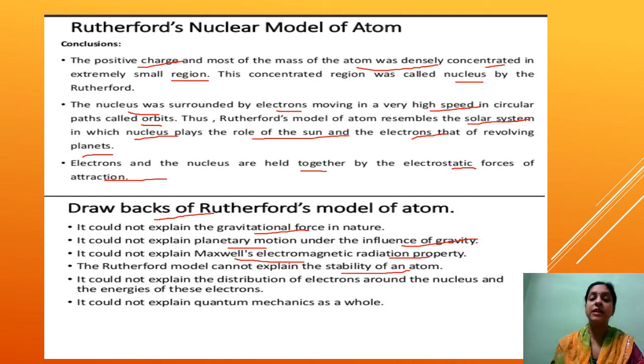It failed to explain the distribution of electrons around the nucleus, how many will be found where, and the energies of these electrons. It was also not able to explain quantum mechanics. So these were the drawbacks of the Rutherford model of the atom.